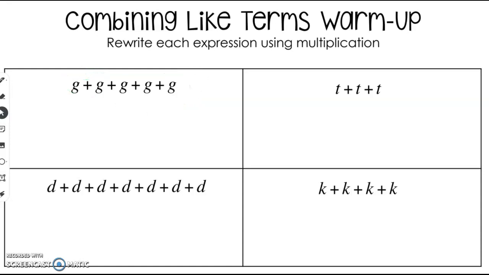We're going to do the same thing, except since we're not multiplying here, we're not going to have exponents. Since we're adding, we're going to be multiplying. So for my first answer, I count how many g's I have because I'm adding. I count 1, 2, 3, 4, 5. So that means I'm multiplying 5 g's together.